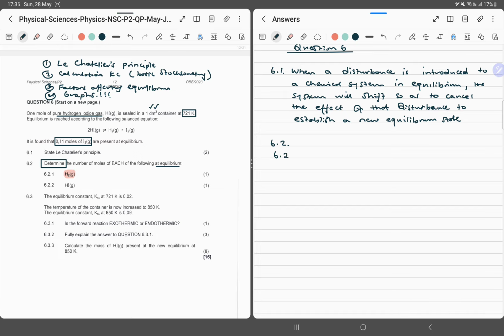Right, so 6.2.1. So we will know that the number of moles of hydrogen gas is going to be the same as the number of moles of the iodide gas, which is going to be 0.11 moles. Great, so that we're just using our molar ratios, so that is easy. Of course, you get your mark.